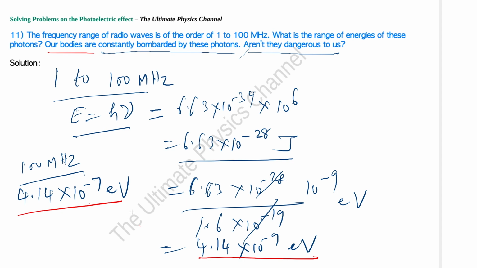What I mean by that is that these energies are not sufficient to cause any kind of ionization effects in the atoms of the cells in the human body, and therefore no radiation effects can be caused by these low energies. So basically, the energies are low. That's the reason why they are not dangerous to us. And so we keep using all these radio waves for all our communication purposes.